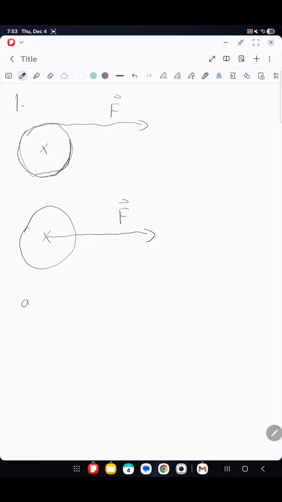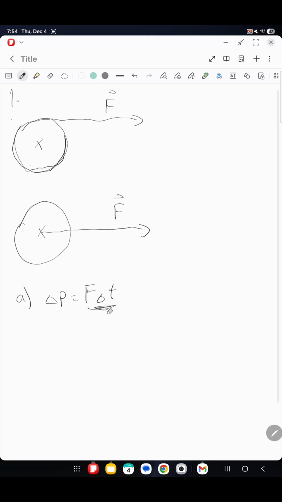Now, question A asks us which puck achieves a higher speed. So the key idea here is that linear momentum, which is delta P, is equal to force multiplied by time. Linear momentum depends only on force and time, not torque.